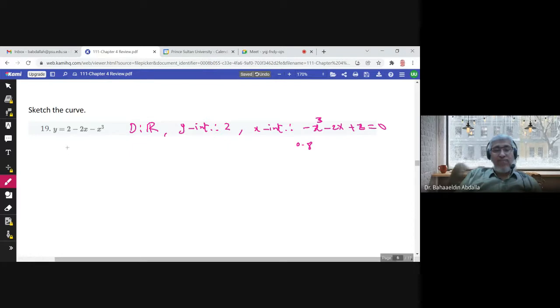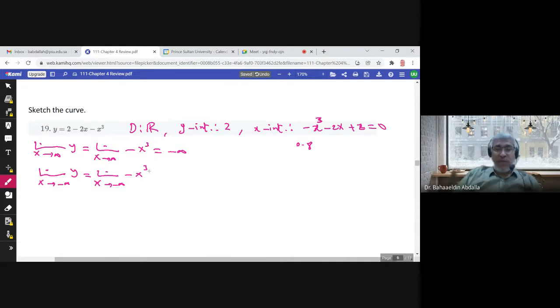What else? Let us find the limits, vertical asymptotes and horizontal asymptotes. When x approaches infinity, we take the highest power. Infinity to the power 3 is infinity, so the answer is negative infinity. And when x approaches negative infinity, I also deal with the highest power. Negative infinity to the power 3 is negative infinity, times negative, so it is infinity.